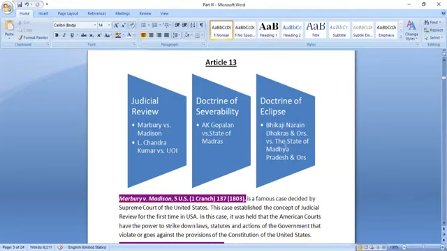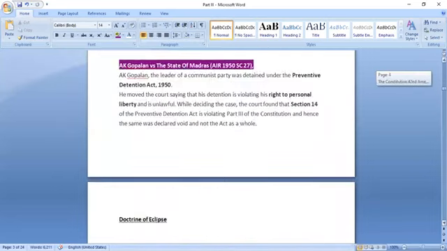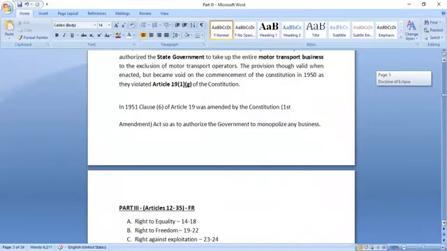This is the case which explains how one particular provision was considered void and then it again became applicable. This is the case when one particular provision was considered invalid, rest of the thing was still valid. And this is where judicial review was considered a basic feature of the constitution. So like that you can remember, not like the entire thing you have to memorize.